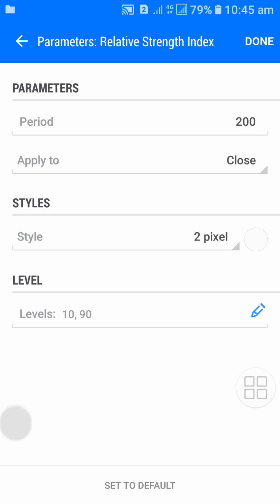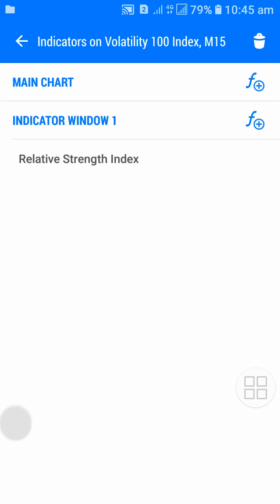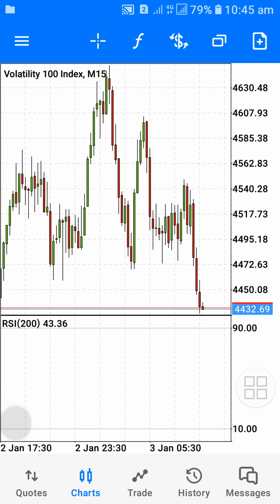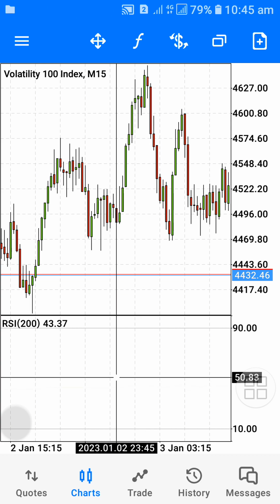That's why I'm also using the color of my background. So you do well to use the color of your background. And these are the levels, level 10 and level 90. So now I'm done with this. So I have my window indicator. I have my indicator 1 here now, right?